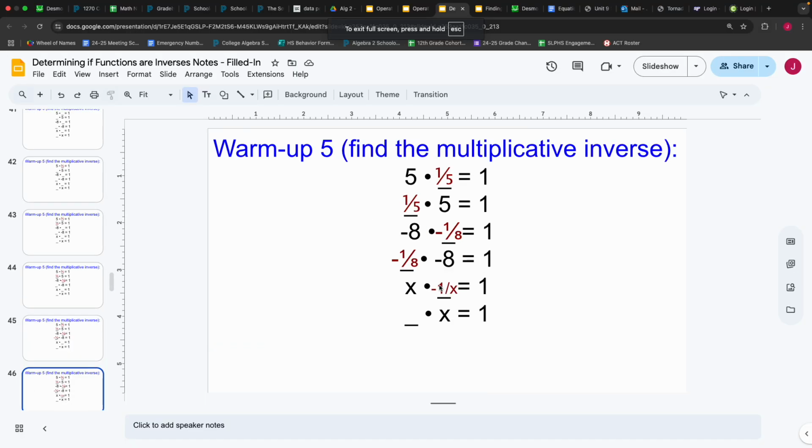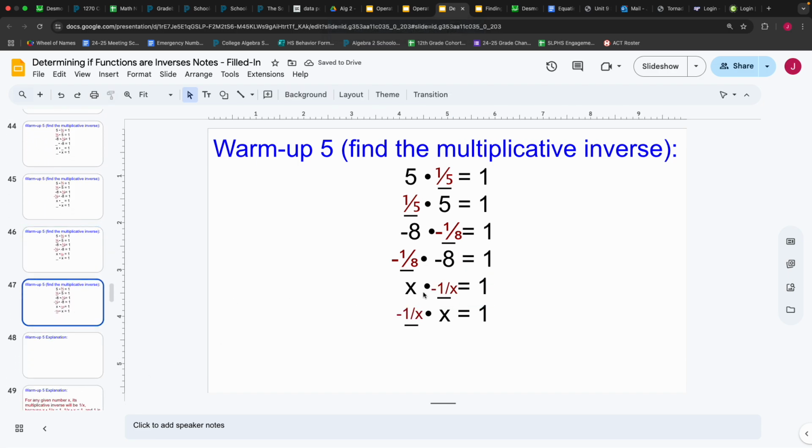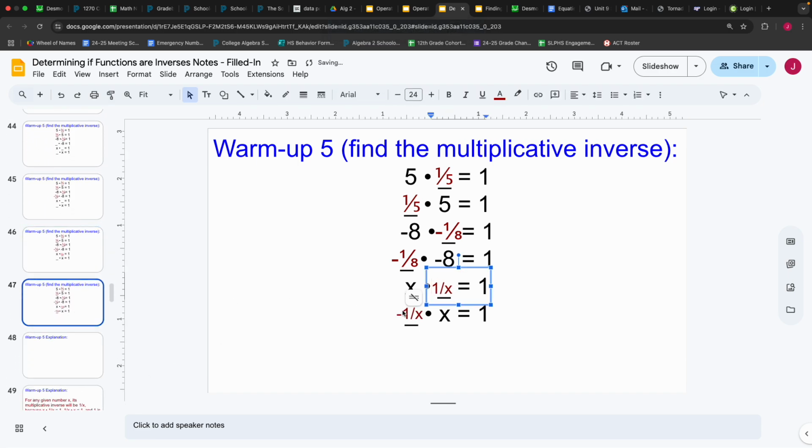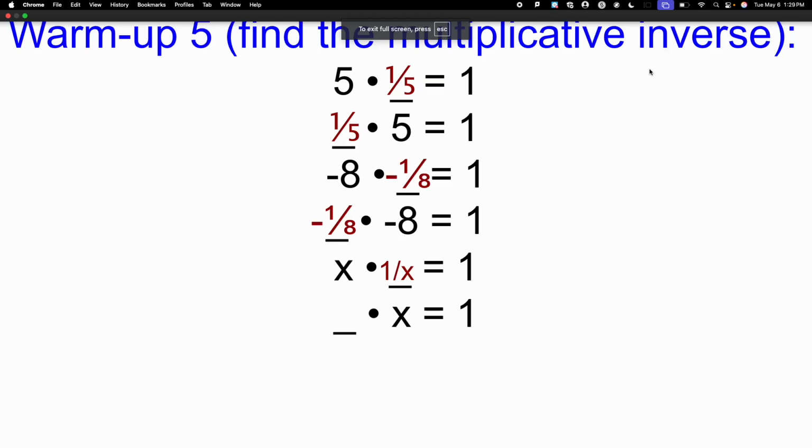That should be 1 over x. Whoops, not -1 over x. Apologies. x times 1 over x equals 1, and 1 over x times x equals 1.